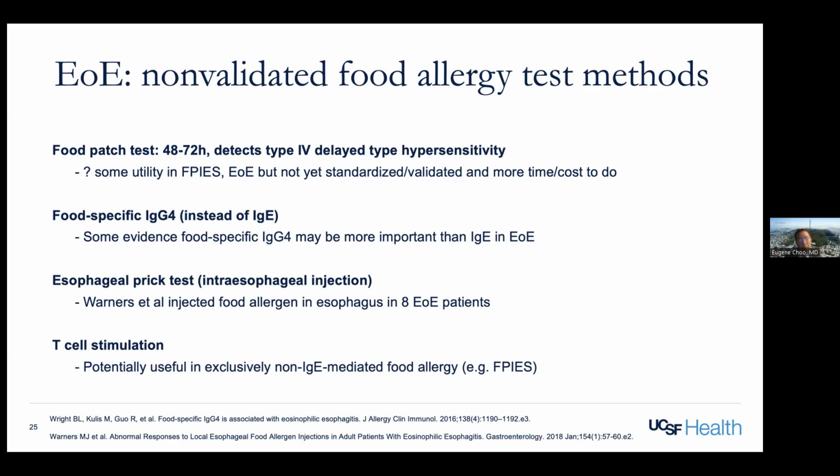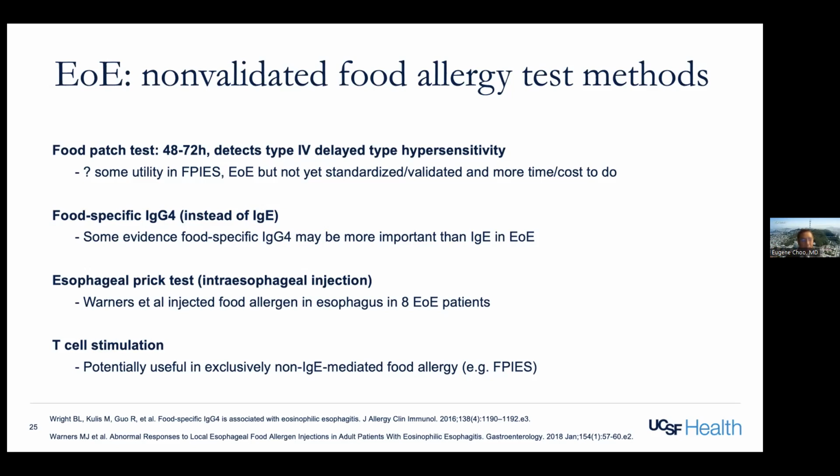And so you would place patches with so-called fin chambers on the patient's back. The fin chambers are basically just food put into tiny little chambers that are taped down on the patient's back for a period of 2 to 3 days, and then taken off, read, and interpreted at that time.